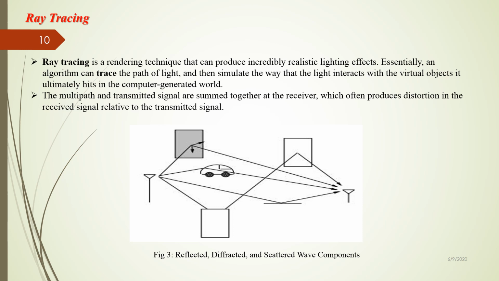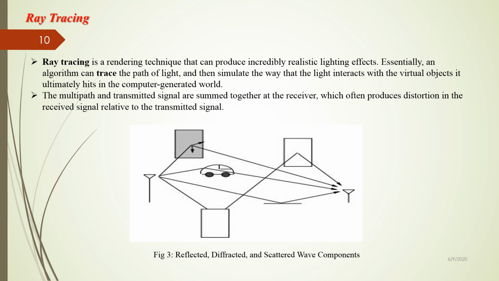So reflection implies the rebounding of the signal from the surface of an object, and diffraction refers to the phenomenon that allows the signal to propagate around a curved surface. So in this diagram, when it strikes the surface of the car, then it is diffracted.